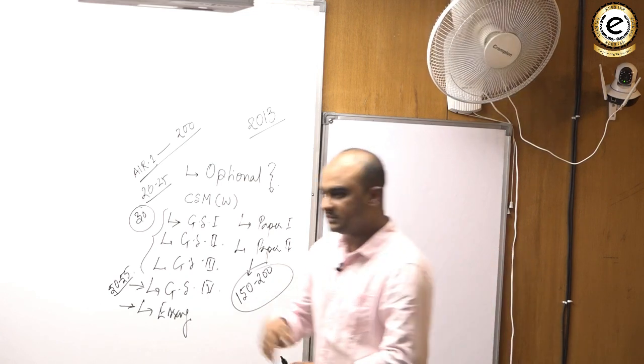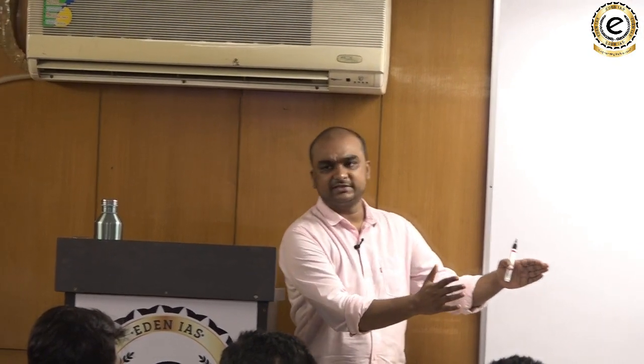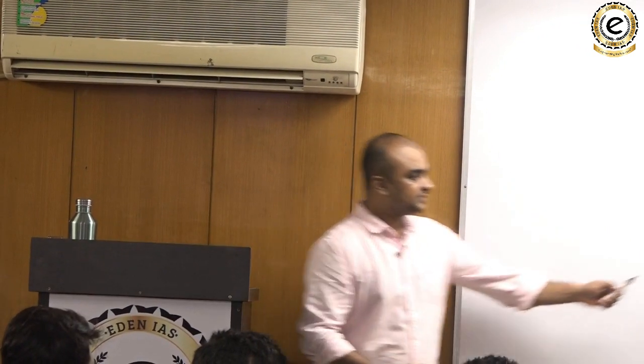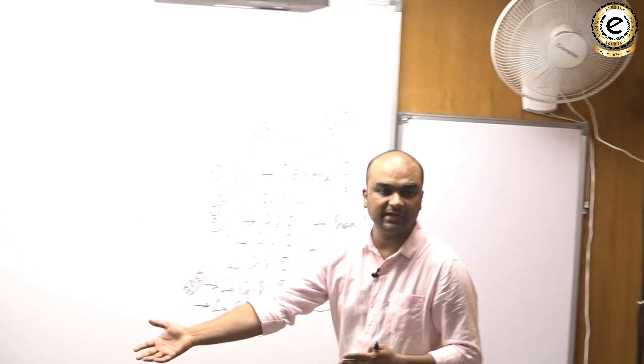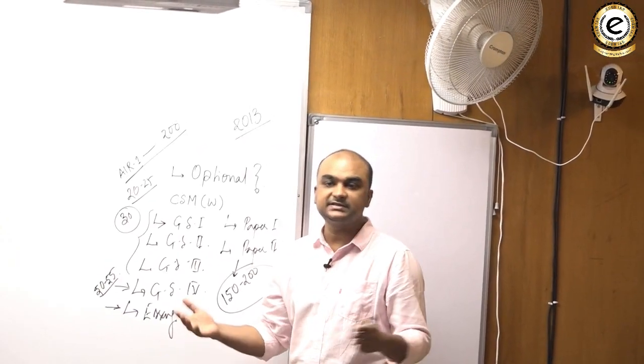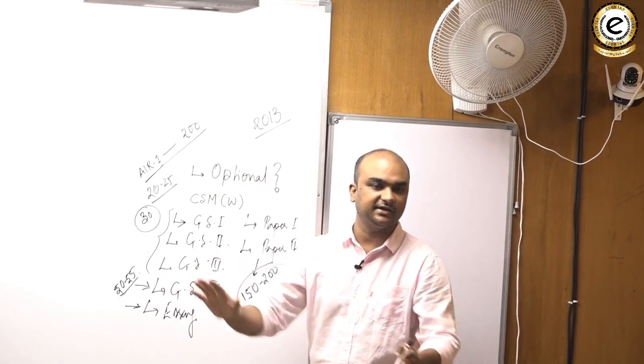Also, optional is such a choice which you cannot change very frequently. Once you have chosen it, and you have read for any number of months or even years, it is really hard to realize at some point later that I have made a wrong choice and hence I must shift. Then all the work that you have done is undone immediately.